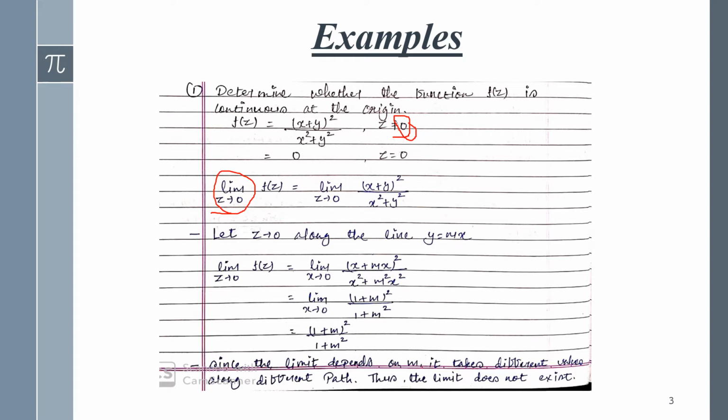Now you can see that this is z, and for that z the limit is given, and here the function is given in the xy form, right? So you can't put the limit of z directly, you have to convert it into the xy form, that is x plus iy.